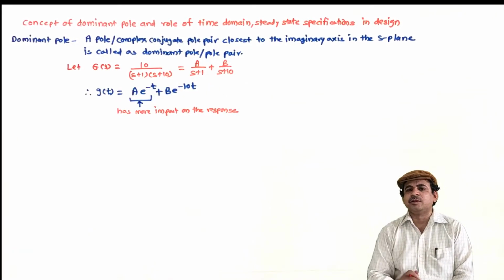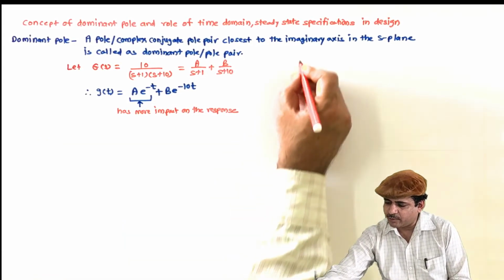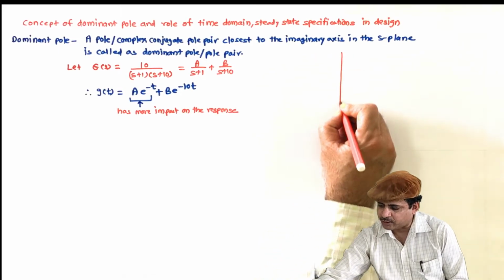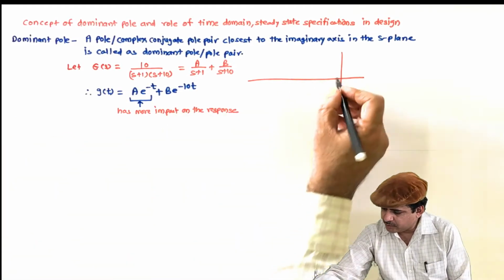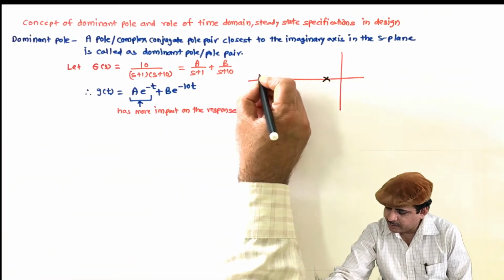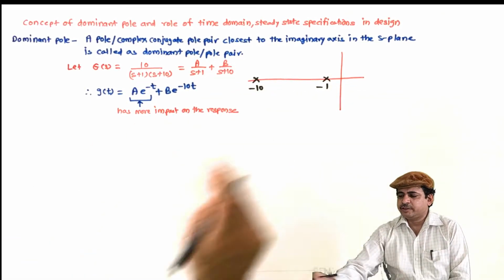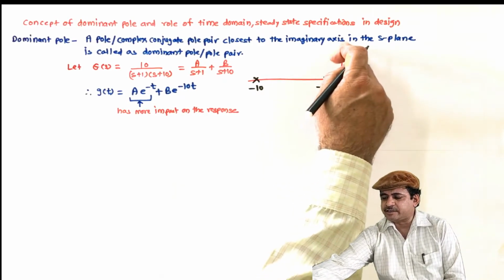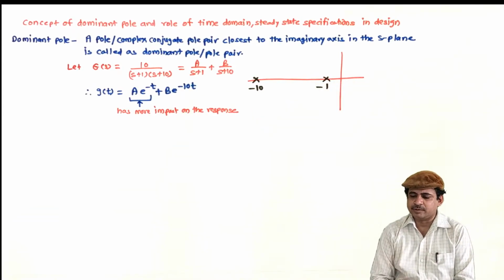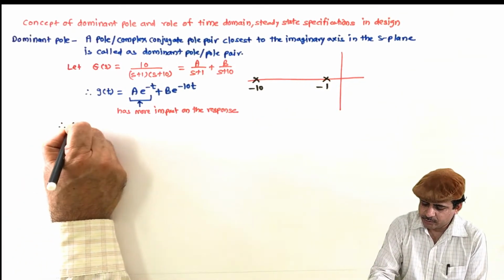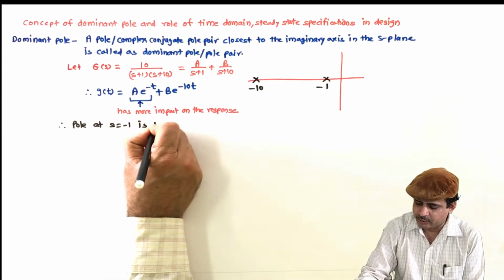Hence the corresponding pole, that is at S equal to minus 1, is the dominant pole. Let us sketch its pole zero plot. So let this be at S equal to minus 1 and let this be at S equal to minus 10. So this pole has more impact, and as it is close to the imaginary axis, hence this is the dominant pole. So pole at S equal to -1 is the dominant pole.